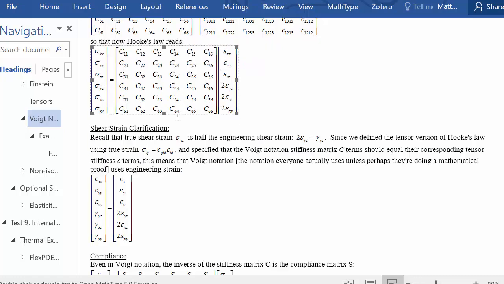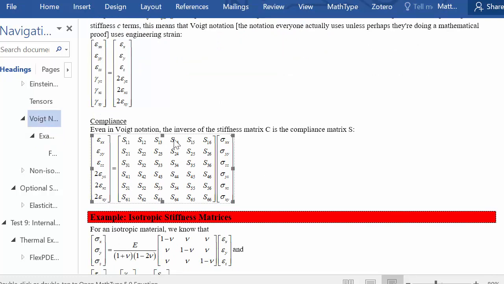Now, in the compliance matrix, S14 does kind of the inverse of that. It relates the YZ shear stress to the axial X strain. So if you have a YZ shear stress applied, then it would cause a direct change in the length in the X direction, other things equal, through this compliance 1,4 component.